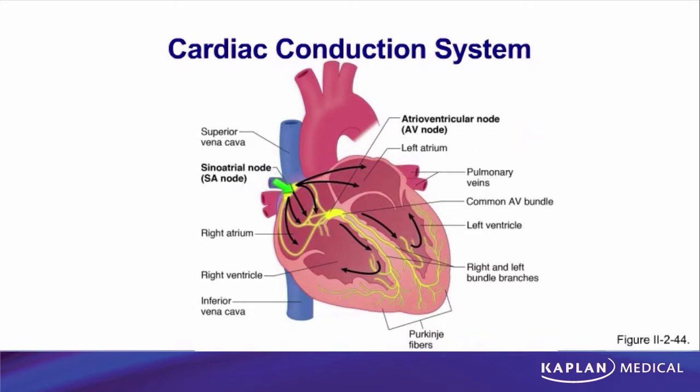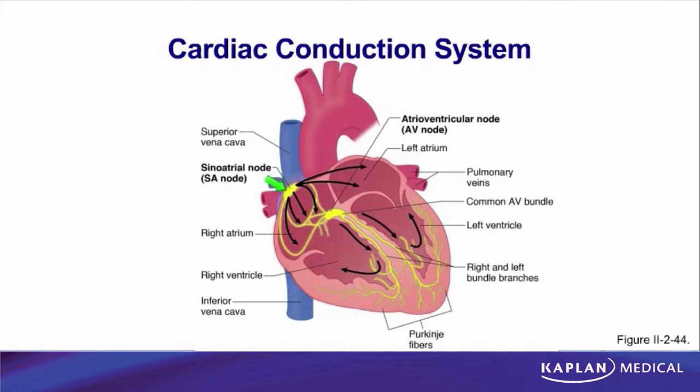The sinoatrial node is a small accumulation of specialized cardiac muscle found in the wall of the right atrium, right next to the point of entry of the superior vena cava. Specialized cardiac muscle that depolarizes faster than any other cardiac muscle. And therefore the sinoatrial node serves as the pacemaker for the heart.